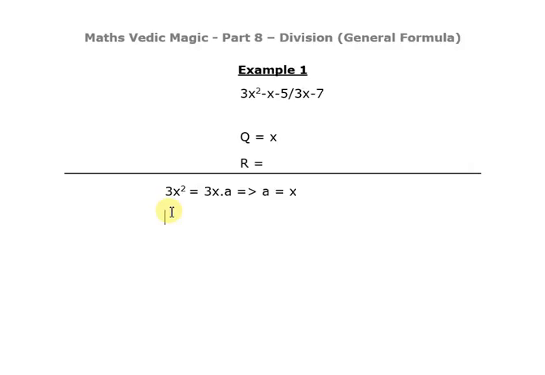So far so good. The next term is minus x of the dividend. Now how do you achieve this number?